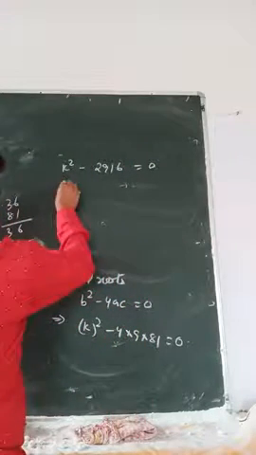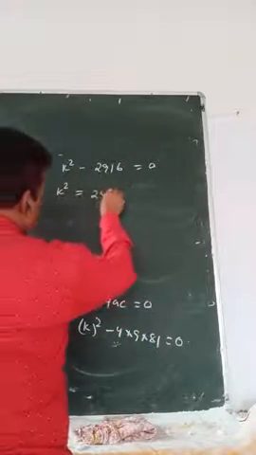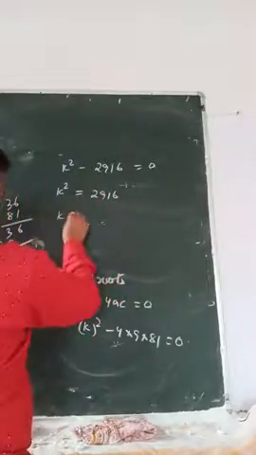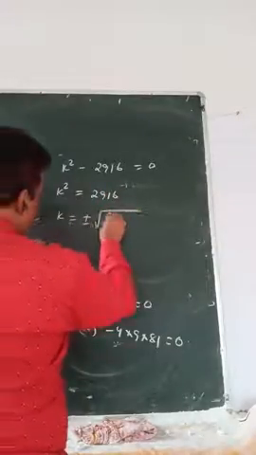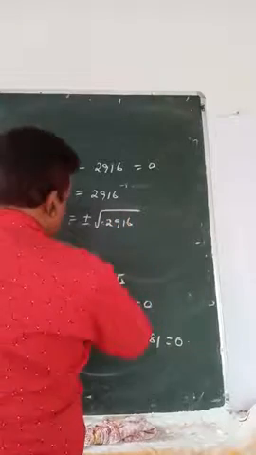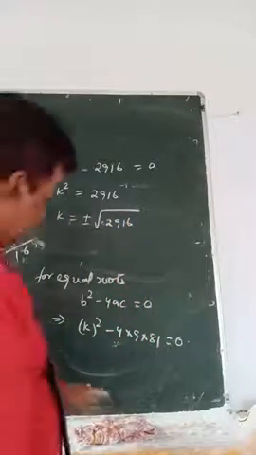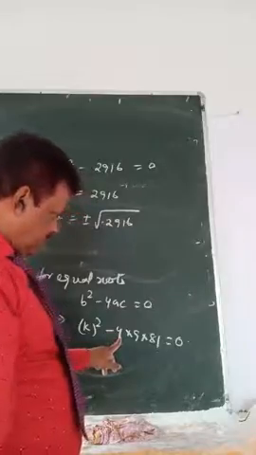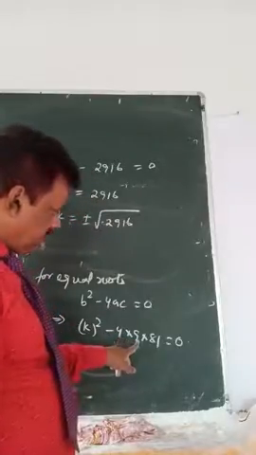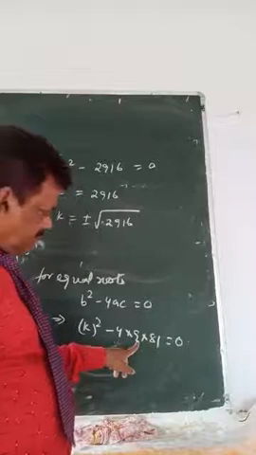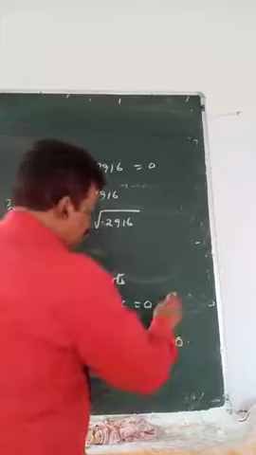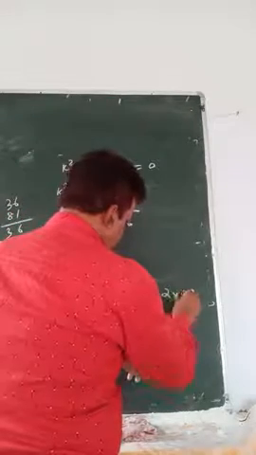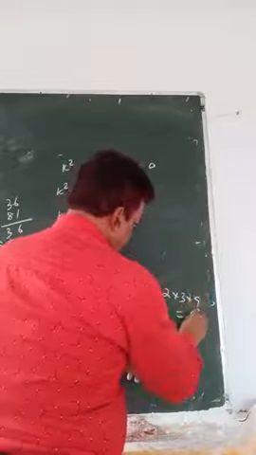So k square equals to 2916. K equals to plus minus root over of 2916. So that is a shortcut method to do here, because root over of 4 is 2, root over of 9 is 3, root over 81 is 9. That means your answer directly 2 into 3 into 9, 54.